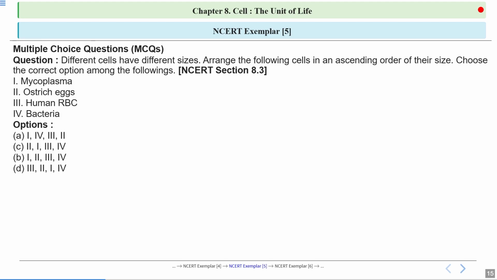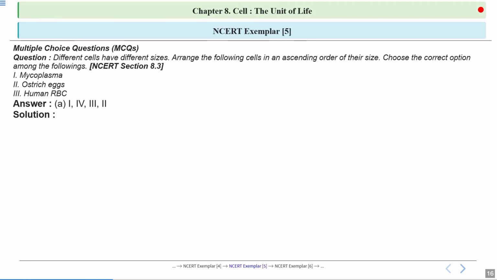What would be the correct answer? Options are given to you, A, B, C, D. The answer is option number A, 1, 4, 3, and 2.